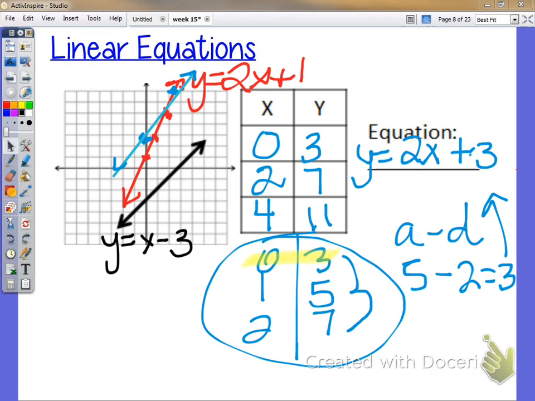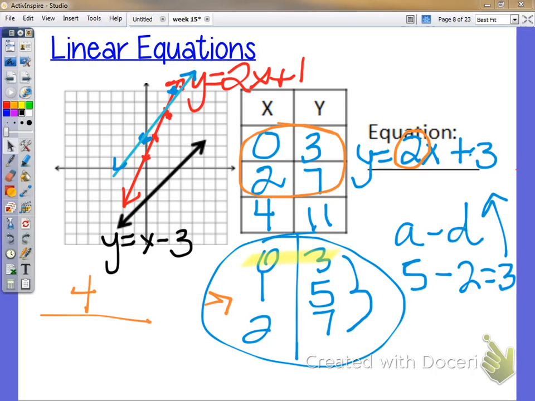Now, I'm going to show you one more little shortcut, and I'll do it in orange over here. Instead of having to write it out like this down here, to get that 2, what you could do is ask how much did the y change over how much did the x change? So let's look at this right here. From 7 to 3, how much is that? 4.